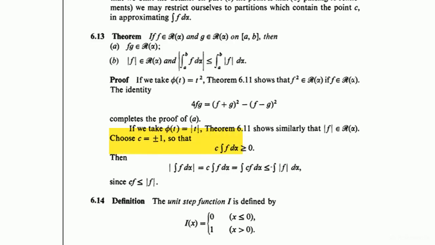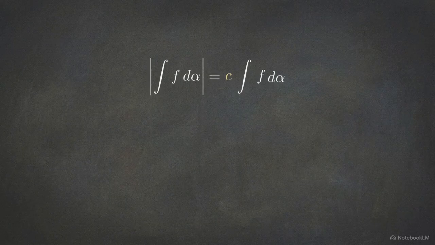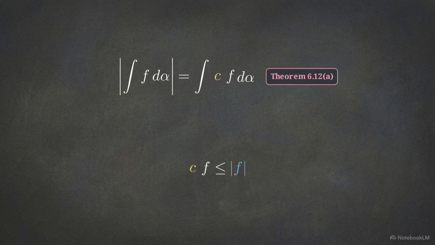Rudin approaches the proof by defining a specific constant, c, and restricting its value to either 1 or -1. He chooses c so that the value of c times the integral of f results in a mathematically positive number. Because c is a constant, we can move it inside the integral, invoking the linearity rule we established in Theorem 6.12a.